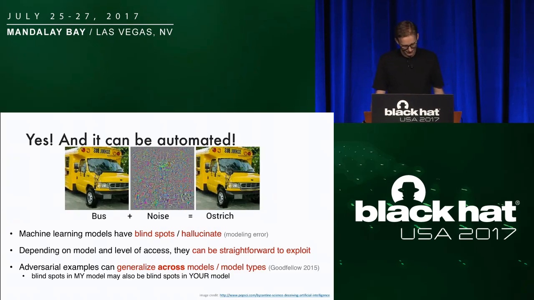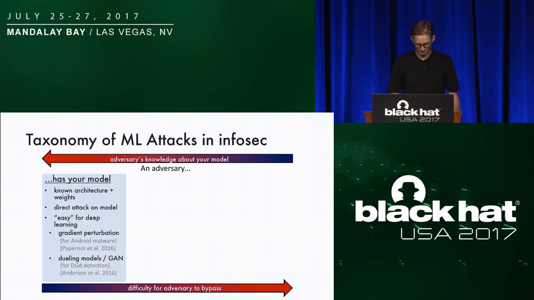And the third is a little scary: in some cases, the adversary doesn't even need your model. If I can find this picture of an ostrich for my model, there's a non-trivial chance it will also work against your model. And we'll demonstrate some of that today.